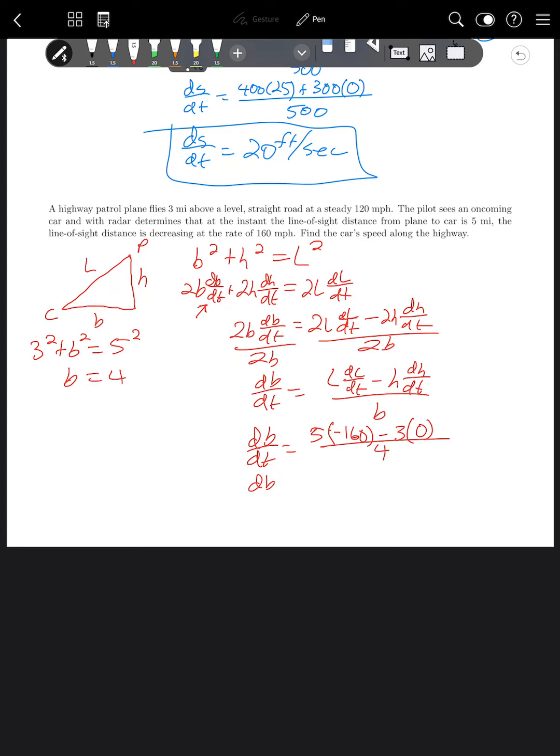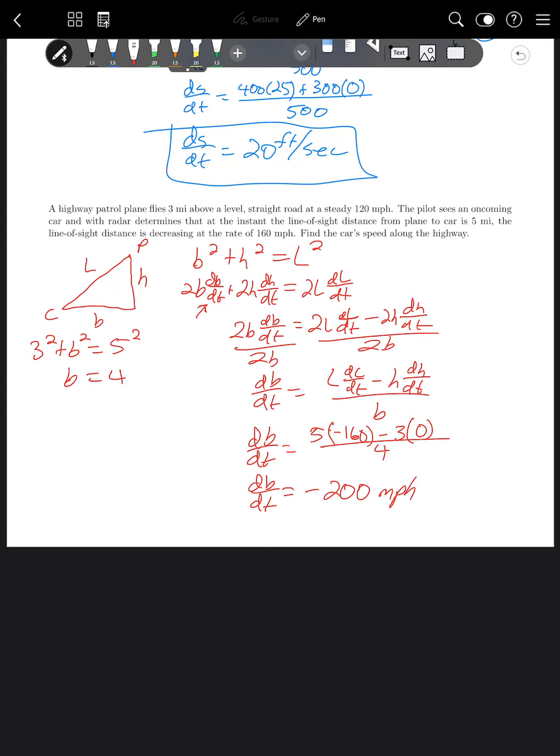Okay, so dB dt is negative 200. Okay, so the distance between the two vehicles is changing at 200 miles per hour, but that's not what they asked for.